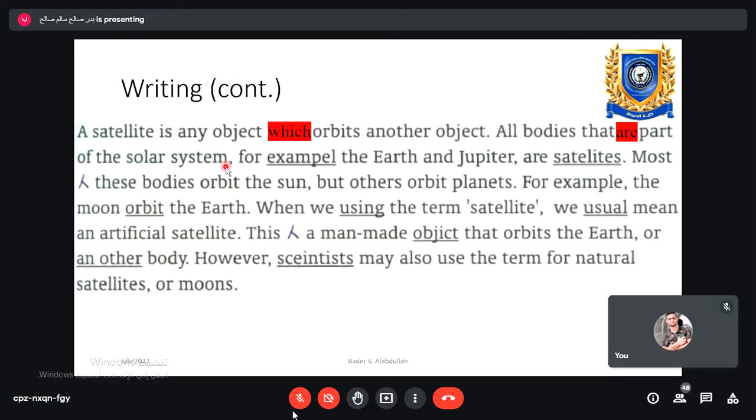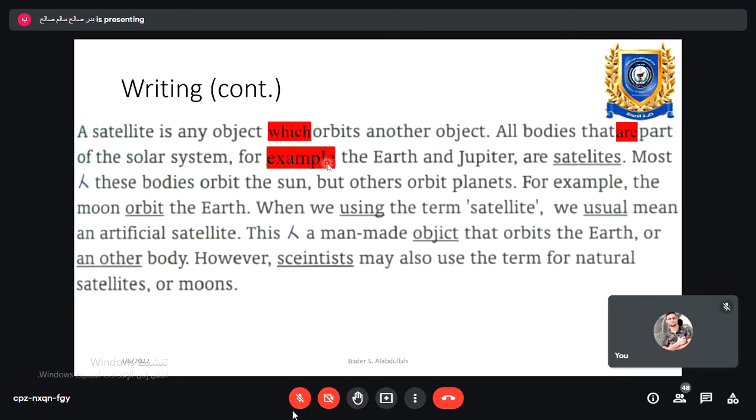For example, so this is also another spelling mistake. Example is written as P-L-E, not P-E-L. So this is another spelling mistake.